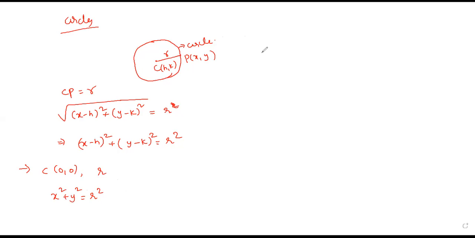Next, suppose you consider a second degree equation in two variables. First we see the general equation of a circle. The general equation of a circle is x square plus y square plus 2gx plus 2fy plus c equals 0.